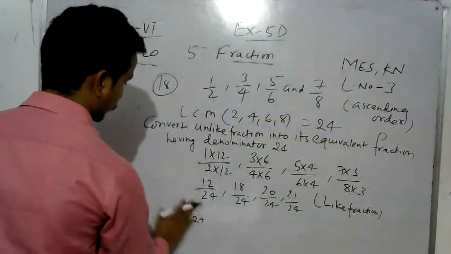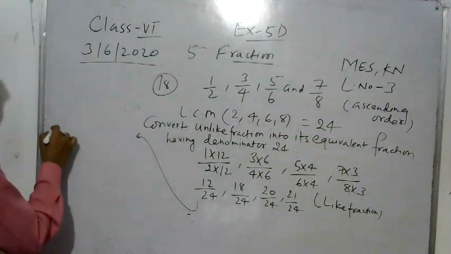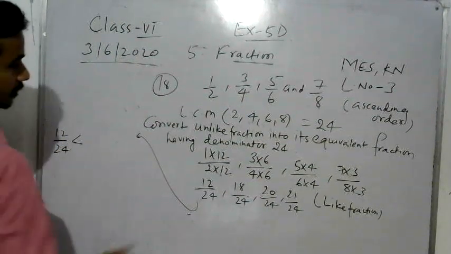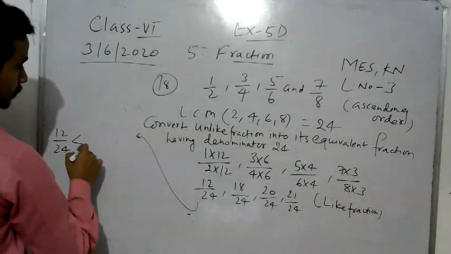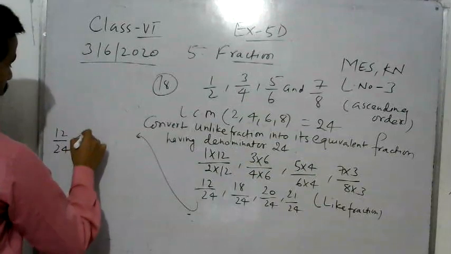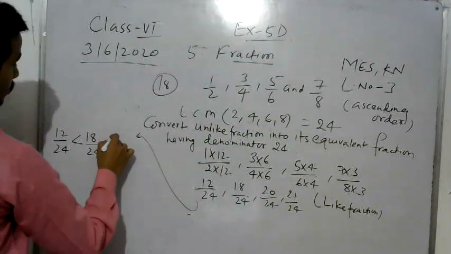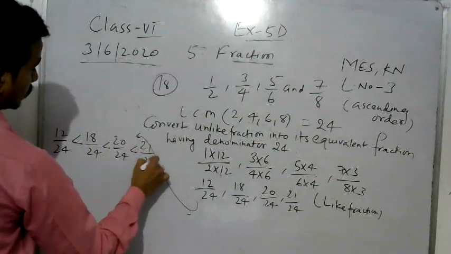Okay. So 12 by 24 will be lowest, then the next highest will be 18 by 24. Now the next highest will be 20 by 24, and the next highest will be 21 by 24.